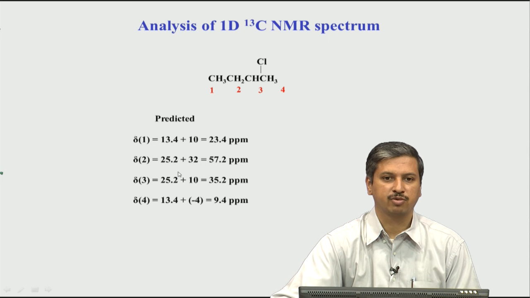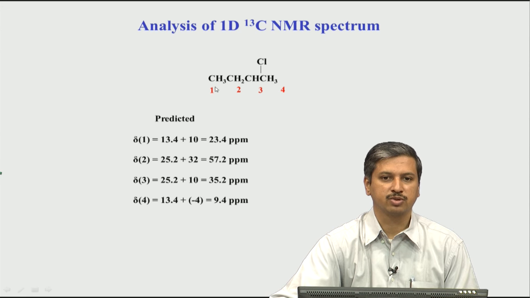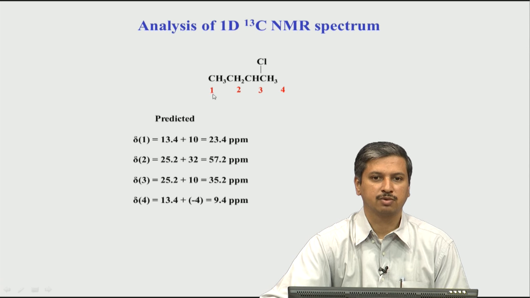This is all taken from the previous table. I will take the base value as 13.4. I am now calculating for this carbon. For this carbon, I am looking at the base value 13.4, because remember in the butane system, we saw in the first slide that the base value should be taken as 13.4.